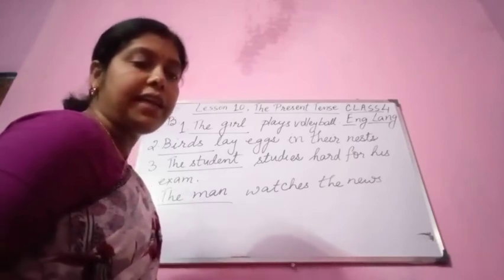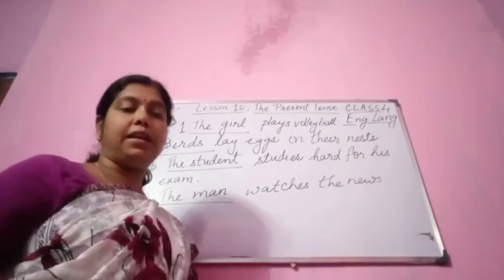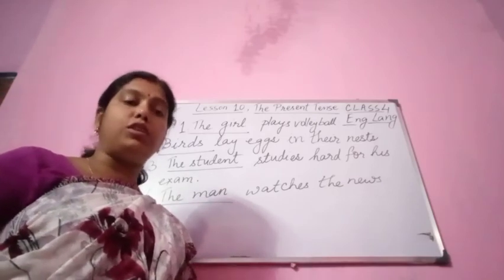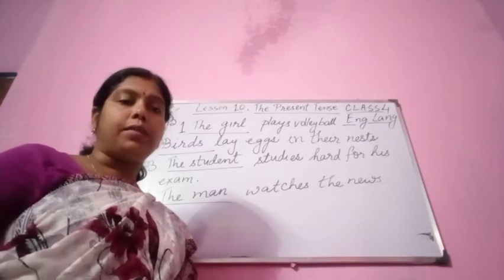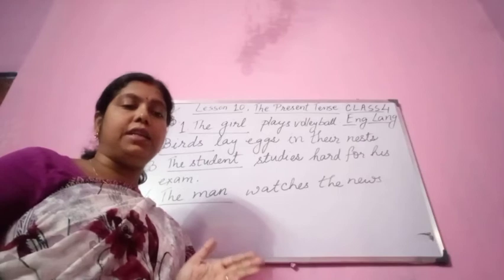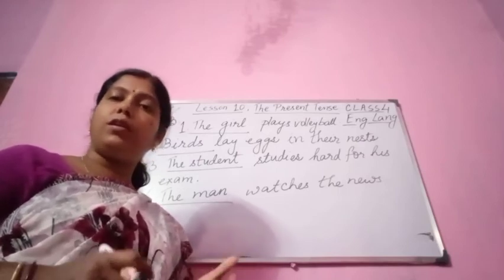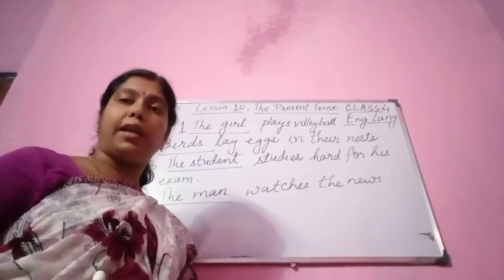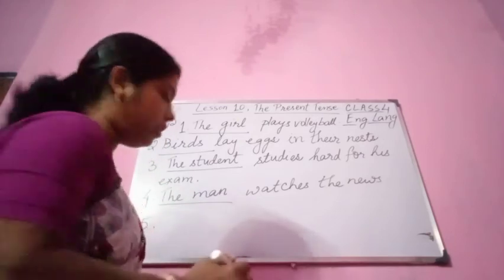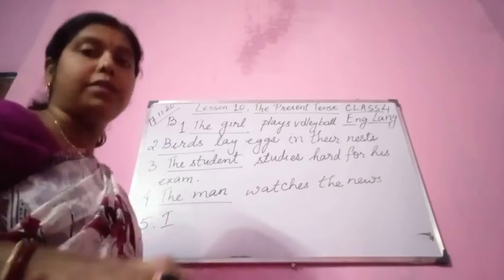We write neatly in our notebooks. Here there are two changes. You see the subject is we. So I am going to make it into I. We is a pronoun.